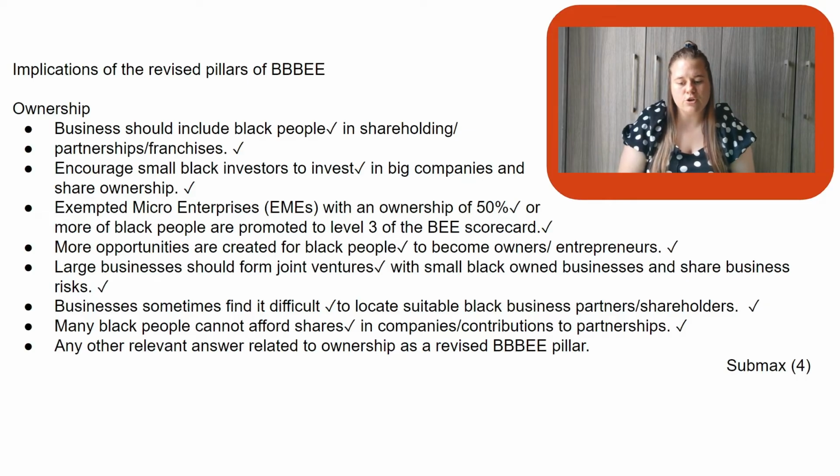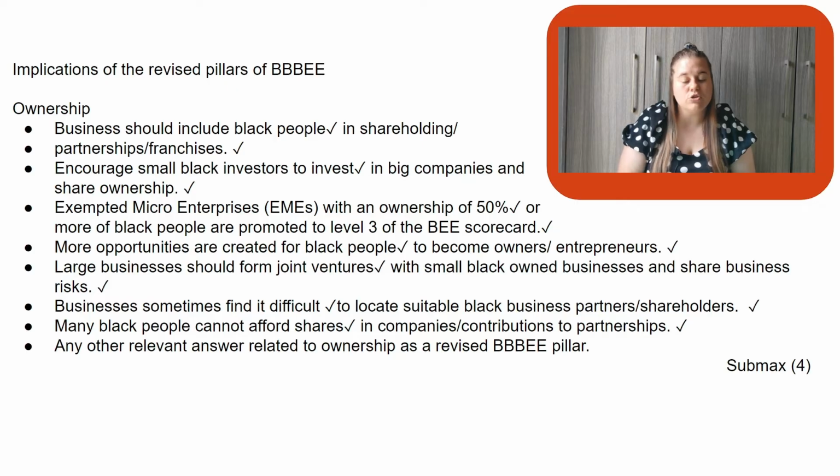Business should include Black people in shareholding, partnerships, and franchises. Encourage small Black investors to invest in big companies and share ownership. Exempt micro-enterprises with an ownership of 50% or more for Black people are promoted to level 3 of the BEE scorecard.